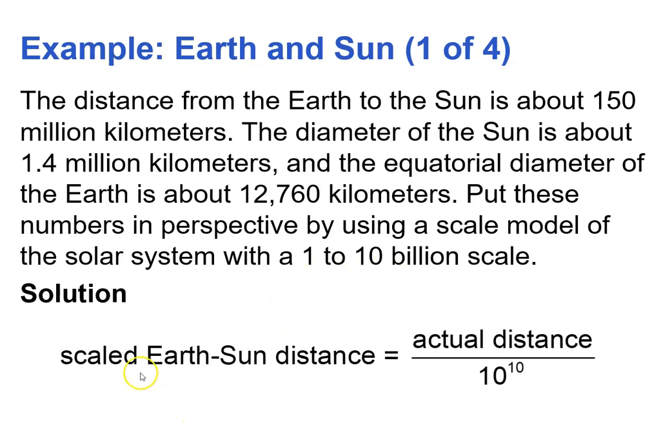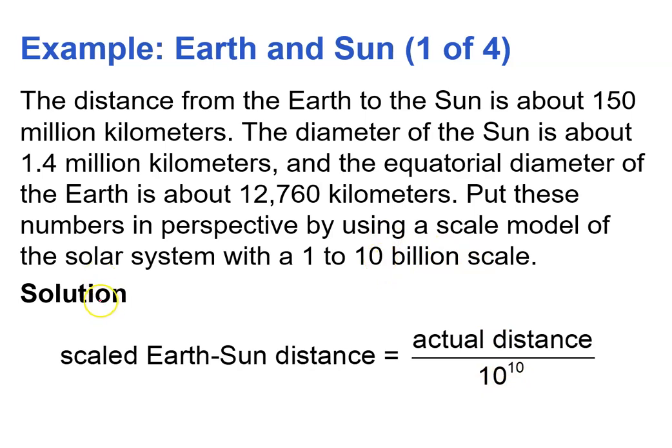Okay, so we're going to talk about the scaled Earth to the Sun's distance. So what we would want to have is the actual distance divided by 10 to the 10th. And the reason that we want 10 to the 10th is that 10 to the 10th is 10 billion.